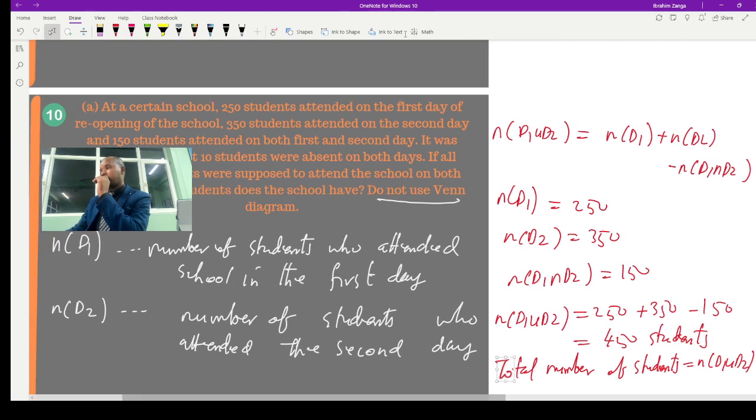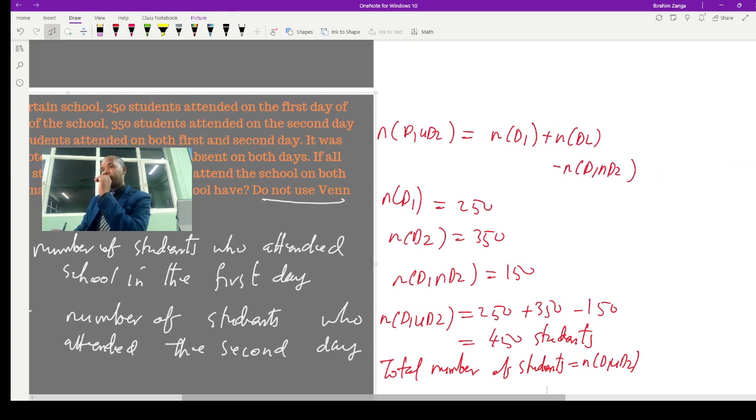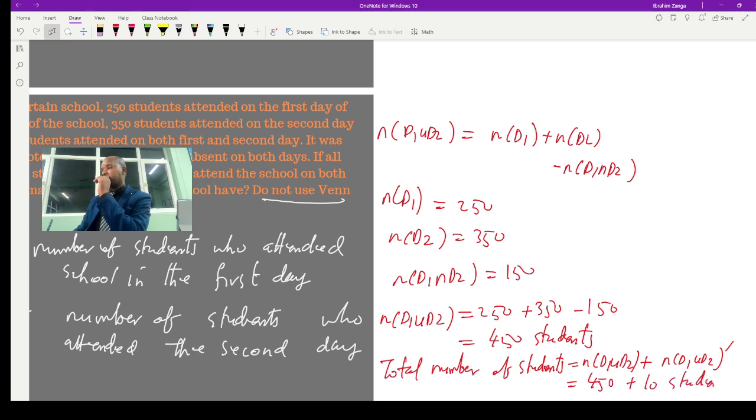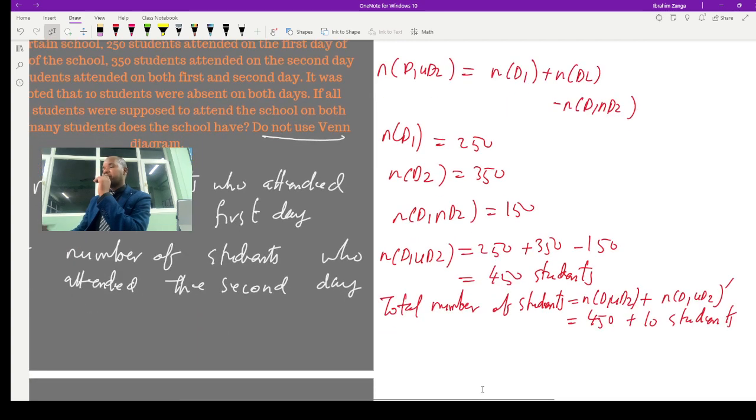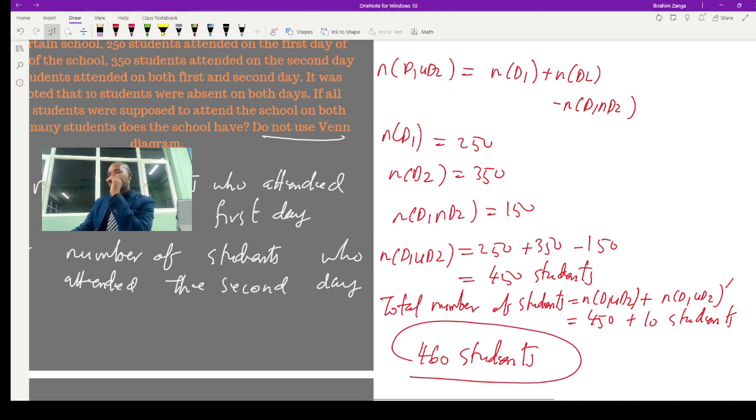With an apology, I'm trying to arrange the page. In this case, you have 450 plus 10 students. Eventually, you'll have a total of 460 students. So that was that question, and this is how students were supposed to solve it.